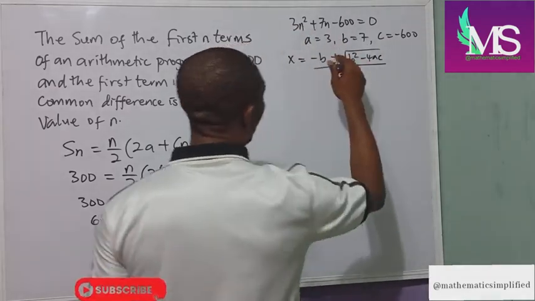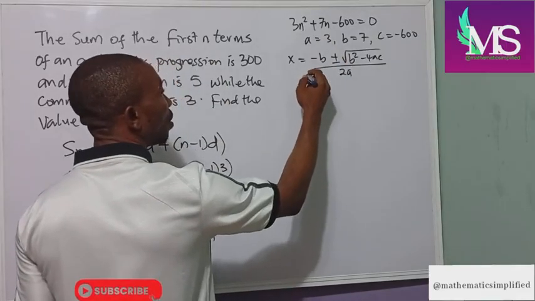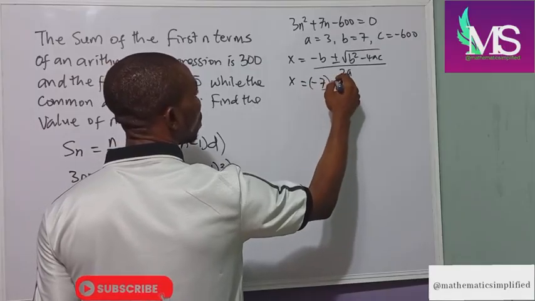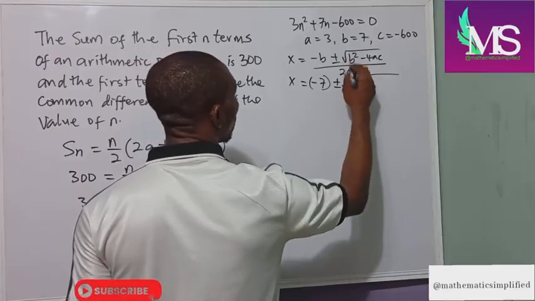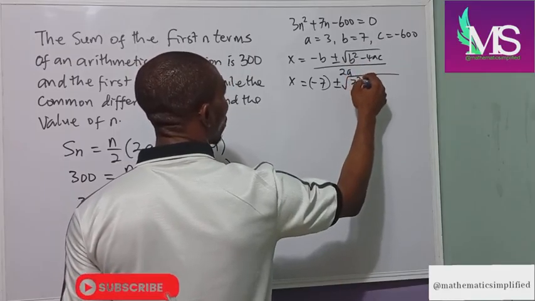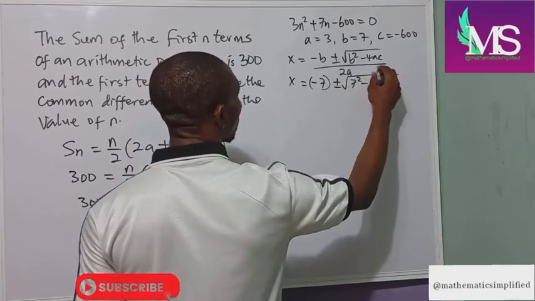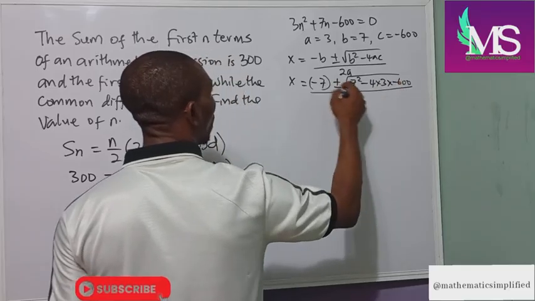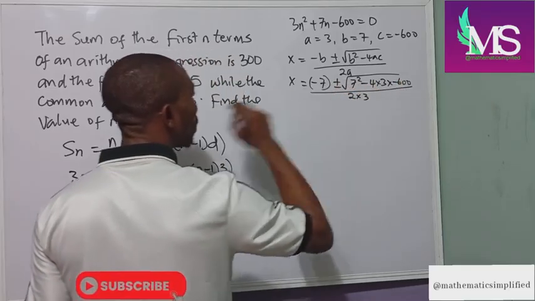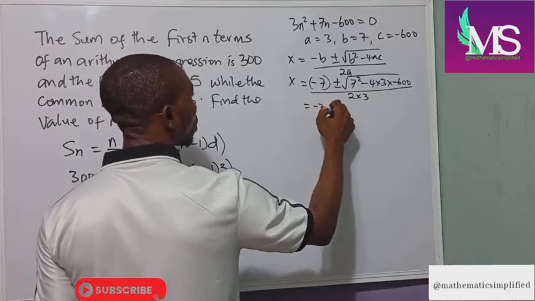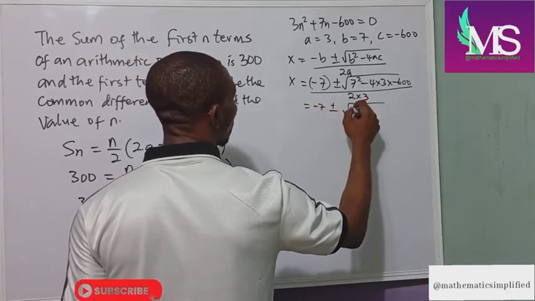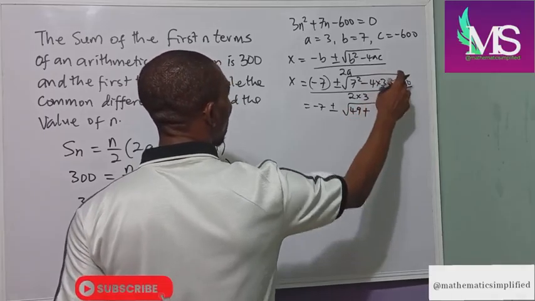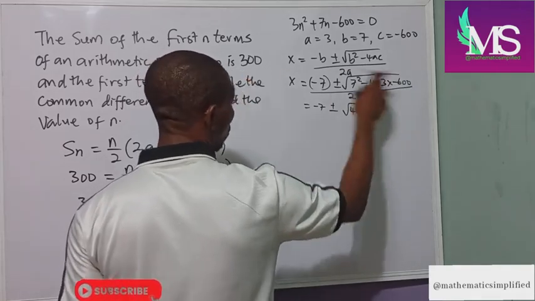Now, in this case, our a is 3, so x equals minus 7 plus or minus the square root of 7 squared minus 4 times a, 3, times minus 600, all over 2 times 3. So this will give us minus 7 plus or minus root 49, and if we multiply, minus and minus will give us plus.